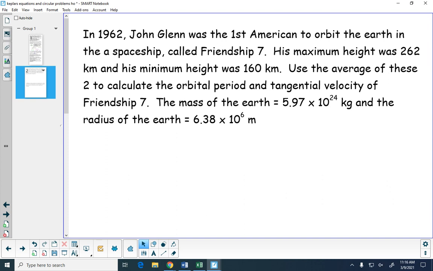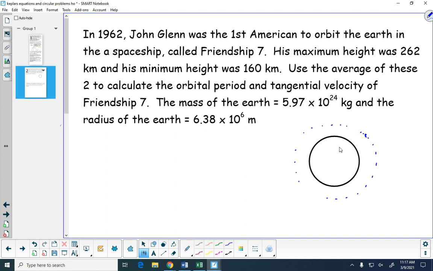So we'll go with the average height. If we take a look at the Earth here, we have a circle, and we have Friendship 7 and John Glenn circling the orbital path, circling the Earth.